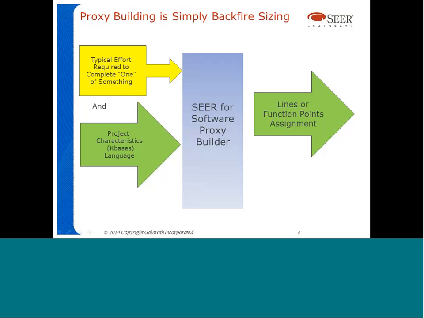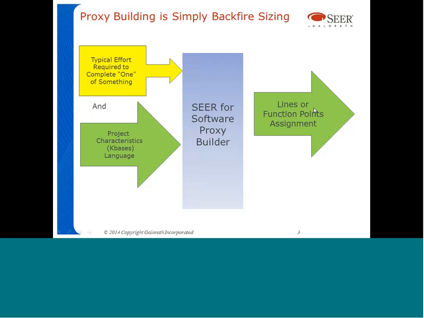You're only going to specify the typical effort that is required to do something, and you should be able to get an estimate by sizing your project using those elements without having to look at the number of lines of code or function points. Okay, so this is what we call effort-driven estimation. Okay, it's estimated based on the effort that it takes to do something.